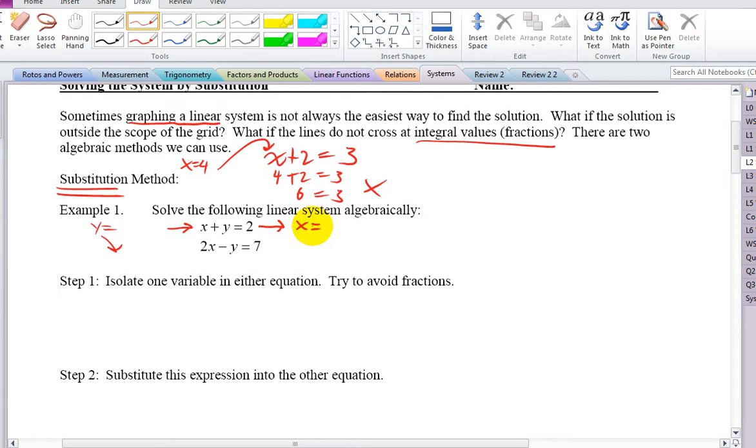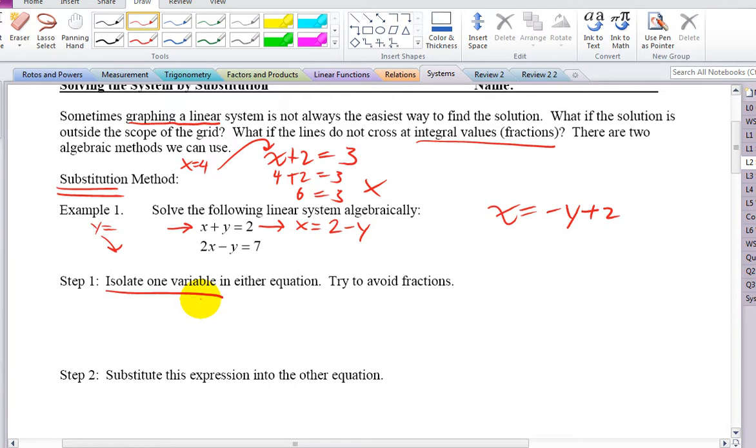Move 1 to the other side. You're adding or subtracting to move things. So it'd be 2 minus y. Or sure, you can say x equals negative y plus 2, right? Your choice. Doesn't matter.